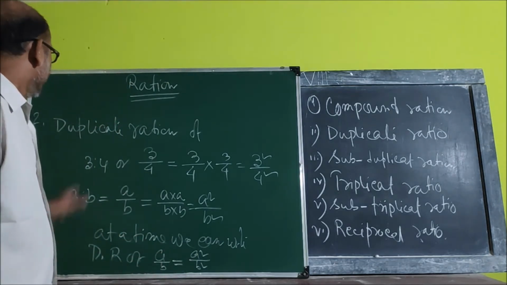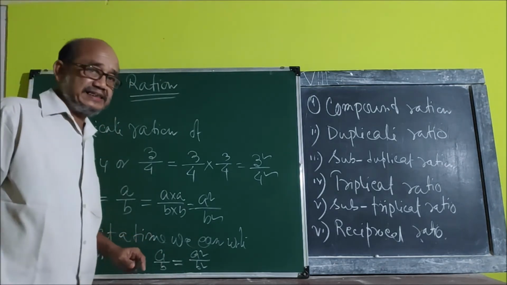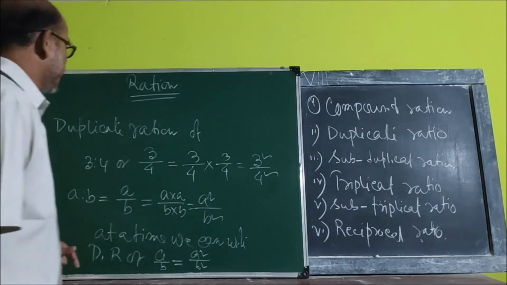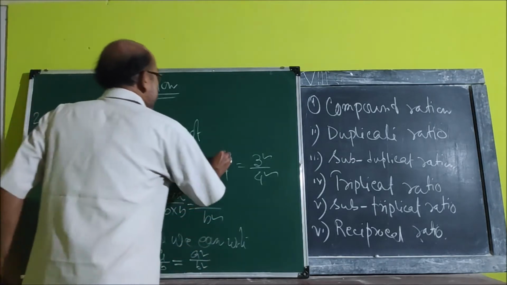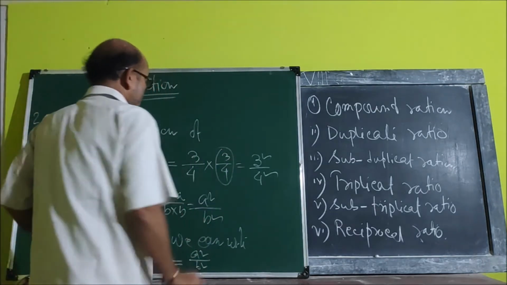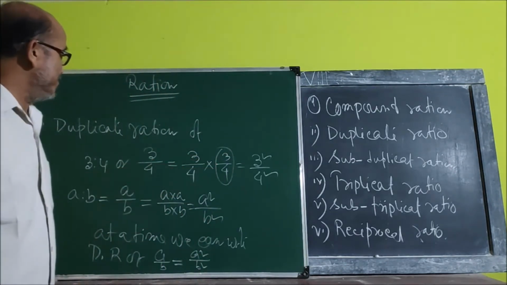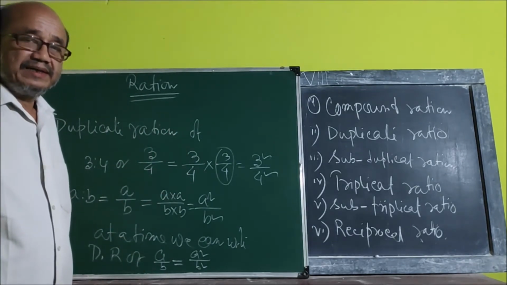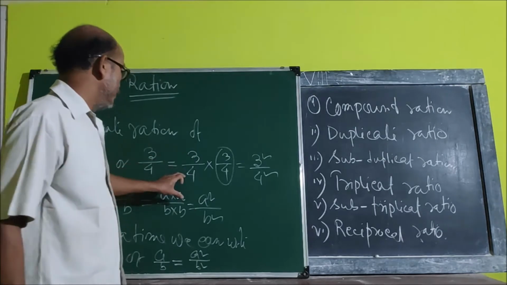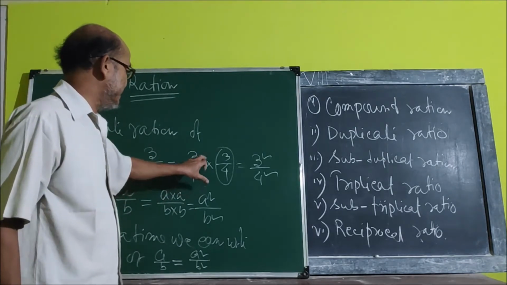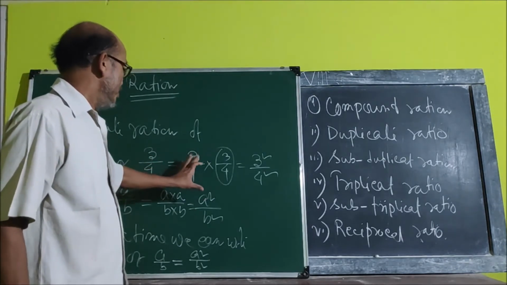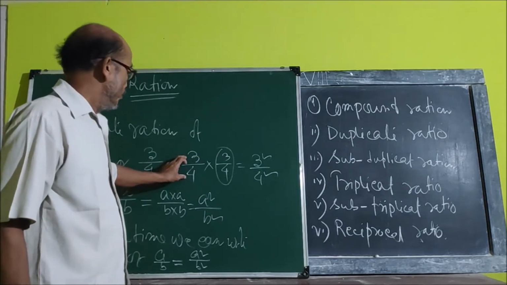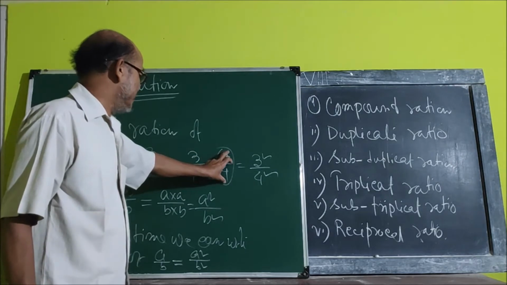It means the duplicate ratio is the compound ratio of the same given ratio. You are given 3 by 4. Duplicate ratio is compounded with the same ratio.